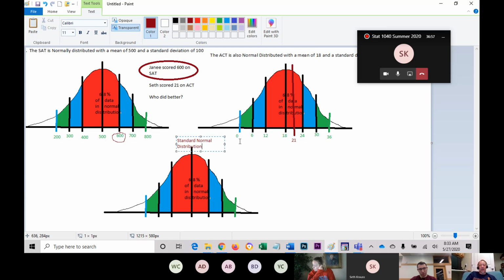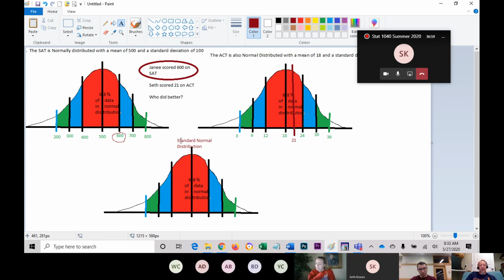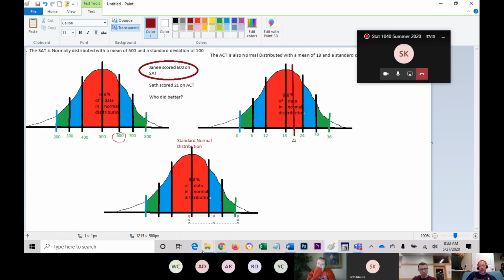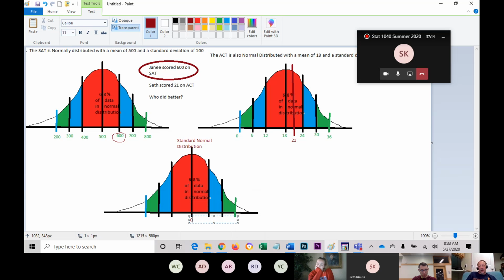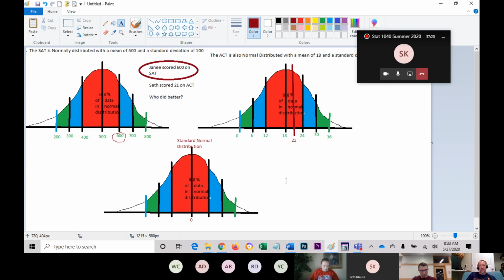Okay. Now this is one of my favorite questions to ask, and students will miss it, because they don't realize that this is a special distribution. The standard normal distribution has a mean of 0. One of my favorite test questions is, what is the mean for the standard normal distribution? And a lot of students will say, I don't know, you didn't tell me.